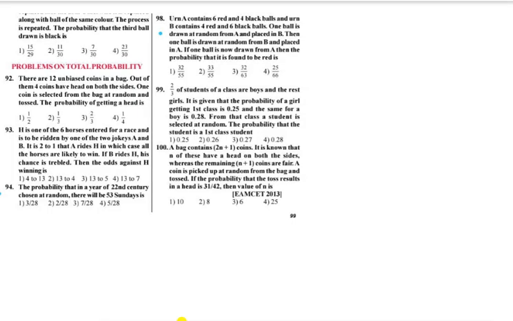Observe this particular question. The probability that in a year of the 22nd century chosen at random there will be 53 Sundays. So 1 by 4 is the probability that you are choosing a leap year, because out of 100 years, 25 years are leap years. Getting 53 Sundays is equal to 2 by 7.